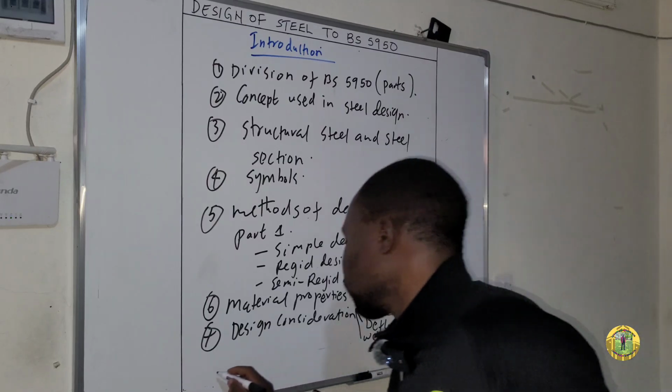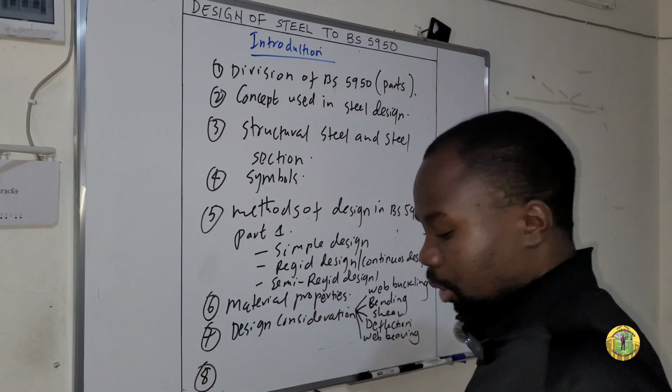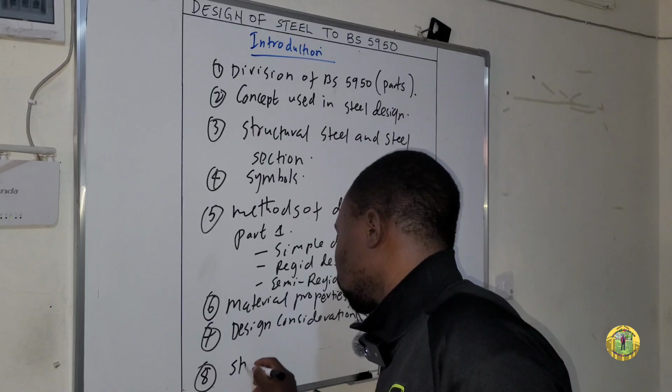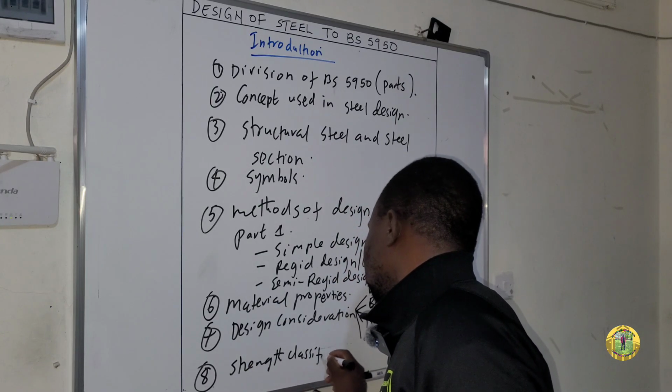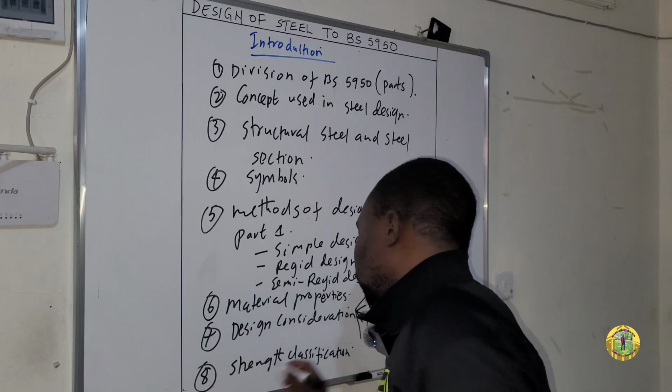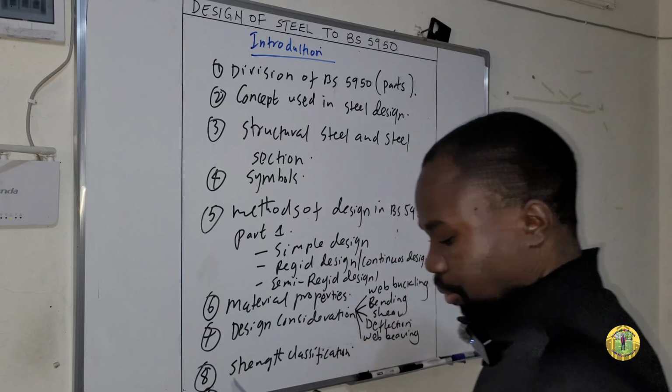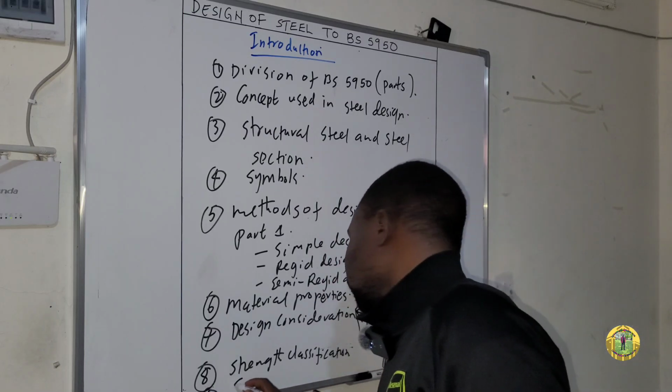Then we have number eight, where we'll discuss strength classification. Then the last one, number nine, summary of design process.